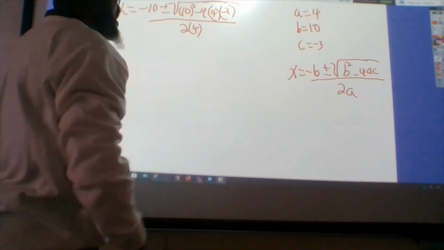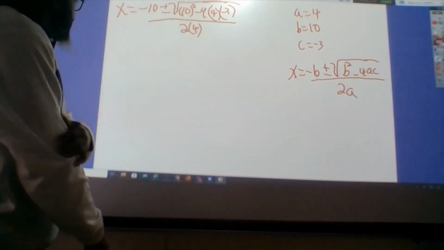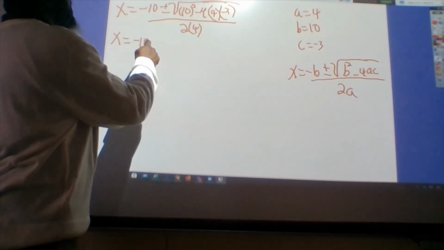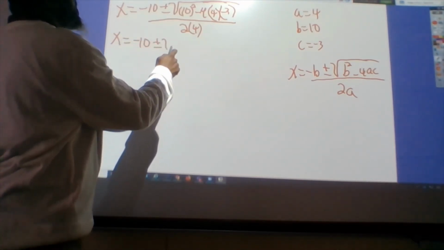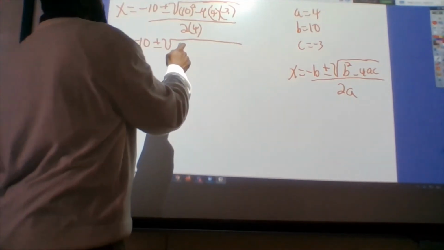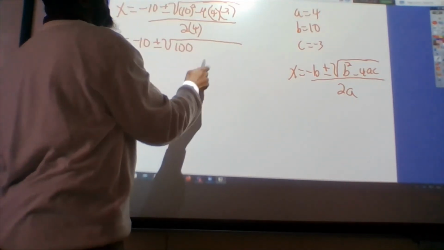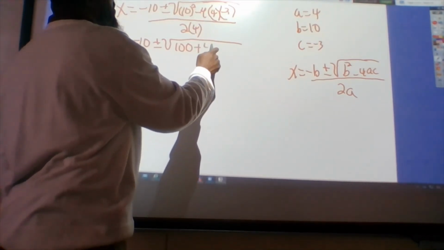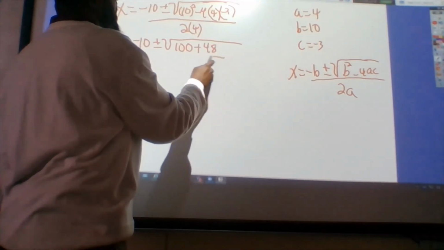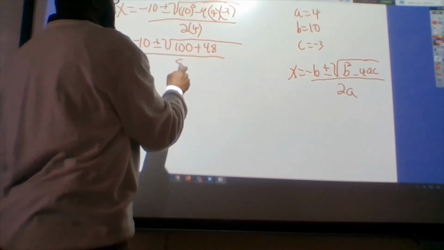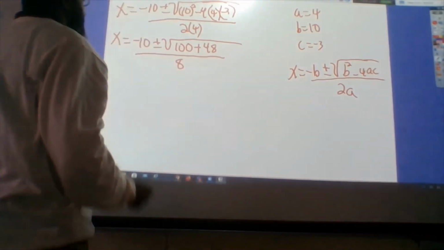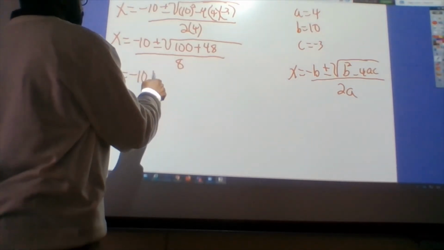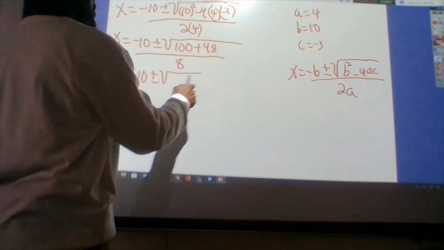You multiply the negatives, that will give you 48. Everything is over 8, since 2 times 4 is 8. I will have x equal -10 plus or minus the root of 148, everything over 8. Now we're going to explore what the root of 148 is.